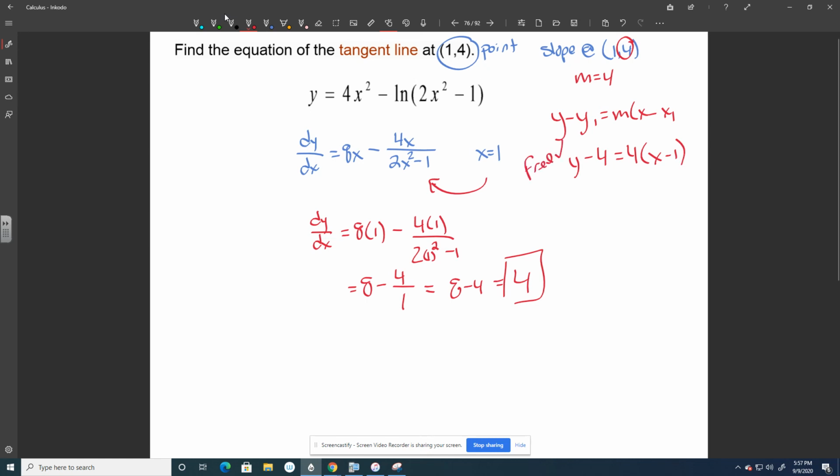Multiple choice, they're probably going to go a step further. So they're going to say y minus 4 equals 4x minus 4. They want you to distribute the 4 and then add 4 to both sides. So you end up with y equals 4x. And that would be your multiple choice answer, probably. They don't always simplify it all the way, but they kind of have a tendency to do so.